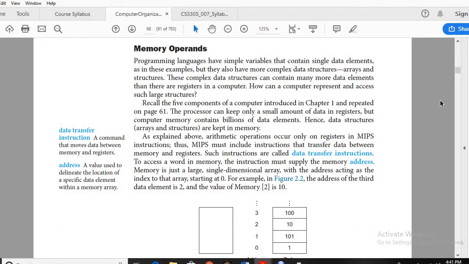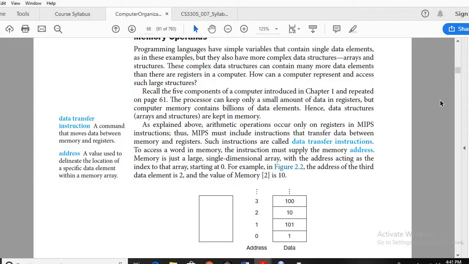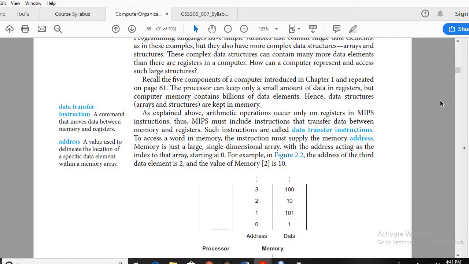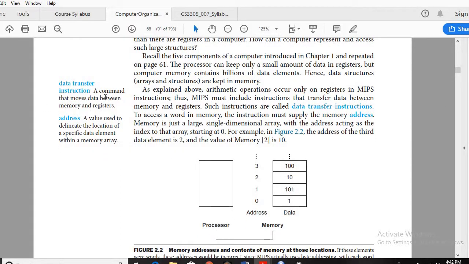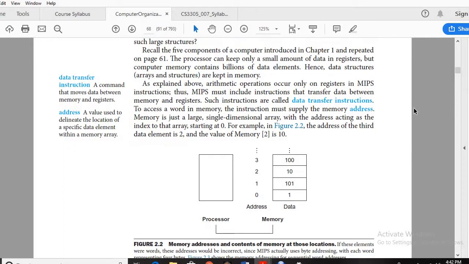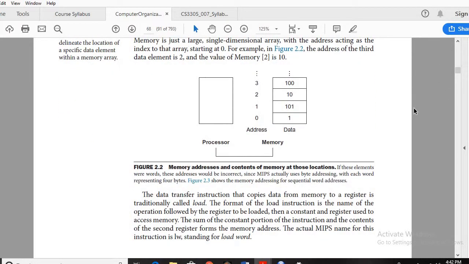Memory is just a large single-dimensional array, with the address acting as an index to that array. Starting at 0, for example, in figure 2.2, the address of the third data element is 2, and the value of memory 2 is 10. The data transfer instruction that copies data from memory to a register is traditionally called load.